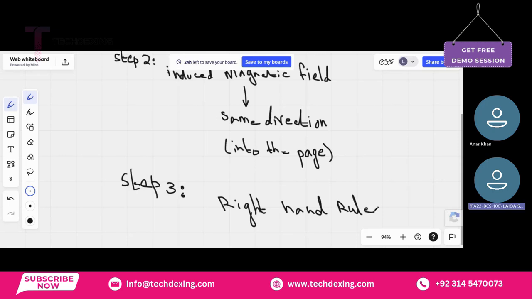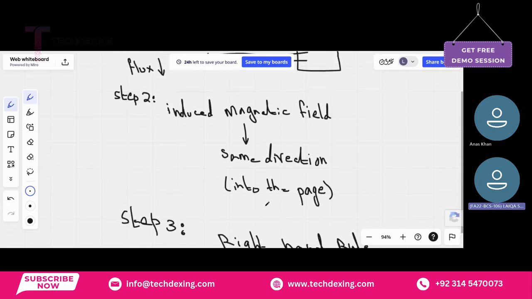So if your induced magnetic field is into the page, you have to point your thumb towards the screen, away from us. And if it is out of the page, then you point your thumb towards yourself.